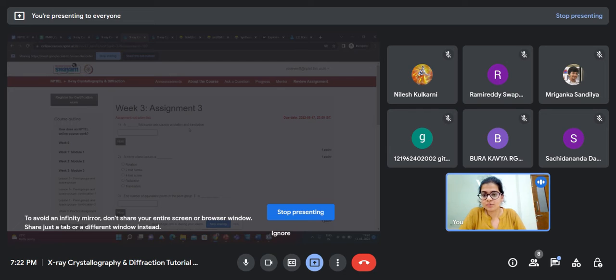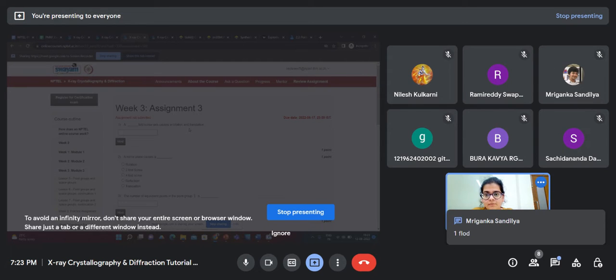Can someone give the answer? Which fold screw axis causes a rotation and translation? Hello?